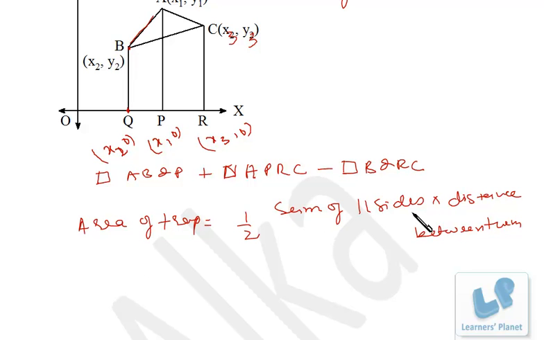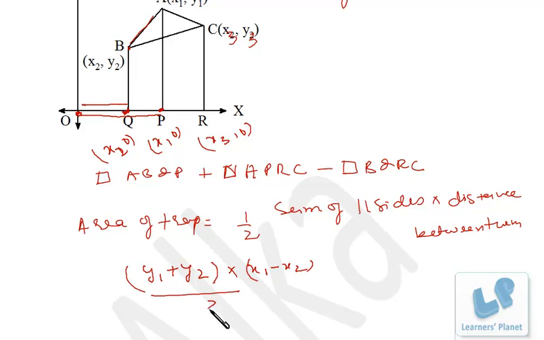So sum of parallel sides is y1 plus y2. Distance between them is QP, which will be OP minus OQ, that is x1 minus x2, by 2. So this is x1 minus x2 into y1 plus y2 by 2, that is the area of trapezium QPAB.